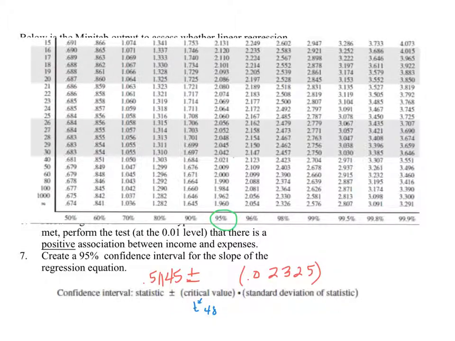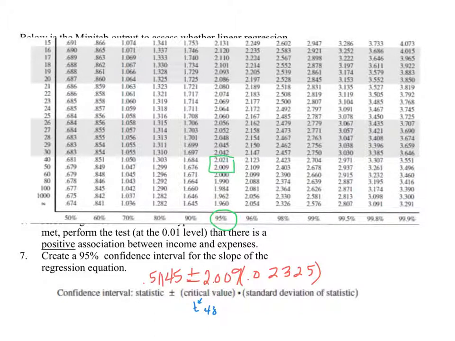A lot of times we can just go to the closest. We maybe should err on the side of the smaller one. So I'm going to use 50, because typically you see books use the one that's closest. But again, I just wanted to point out that you really could make a justification for using either, and you really could make a justification for using 2.01, just going a little bit larger.